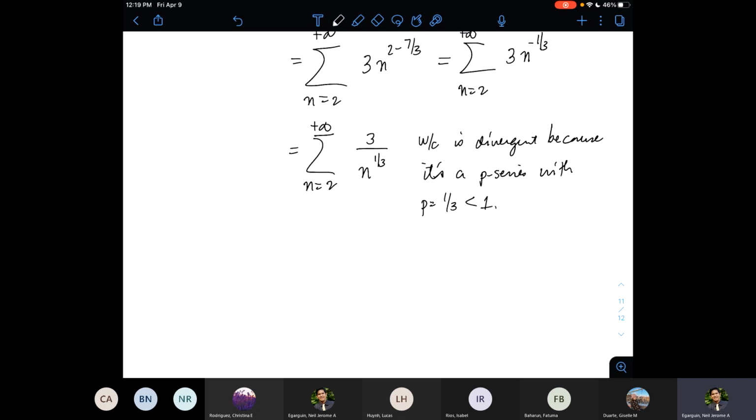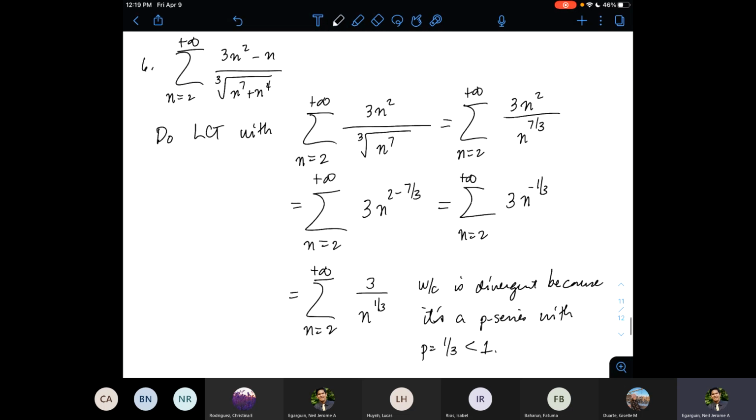Remember, a p-series will only converge if p is greater than 1. Okay? So we have a divergent series here, and by our analysis, this series will behave around the same way as 3 over n to the 1/3. But this one is divergent, so I expect that the given series will be divergent.